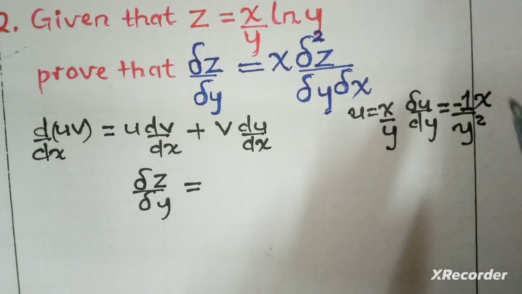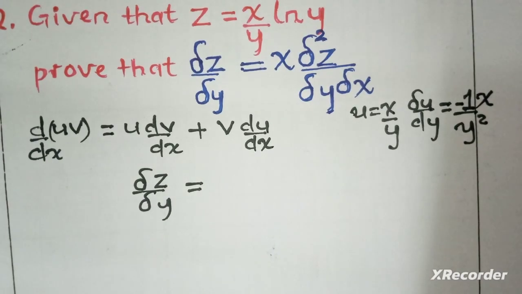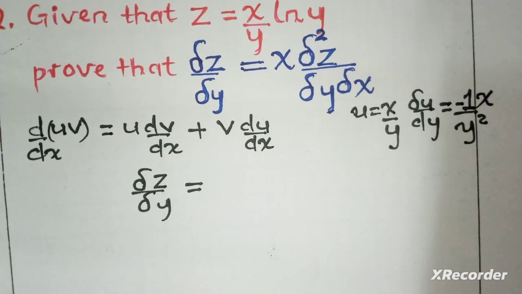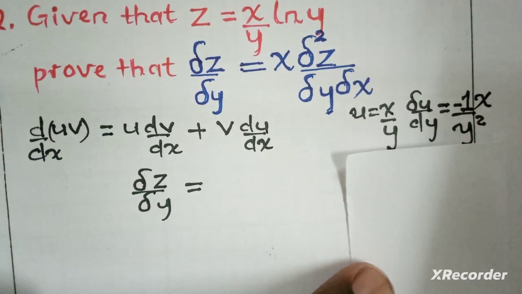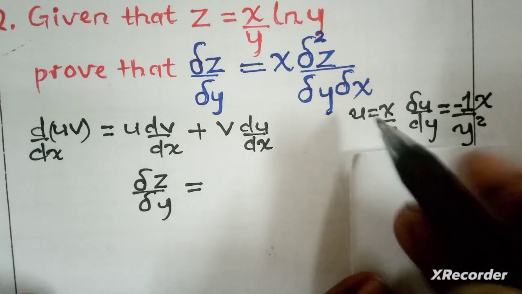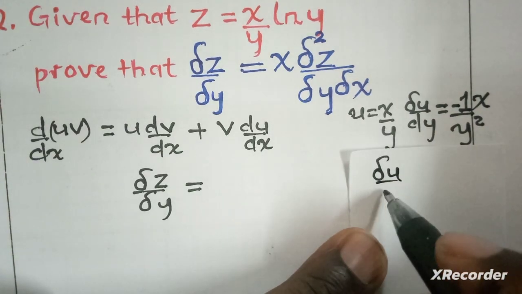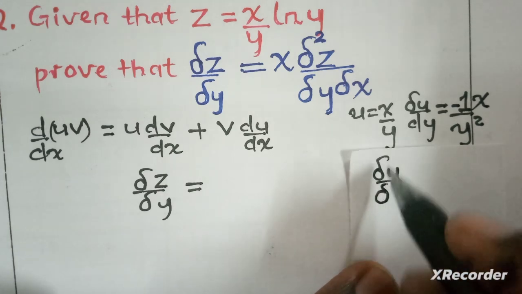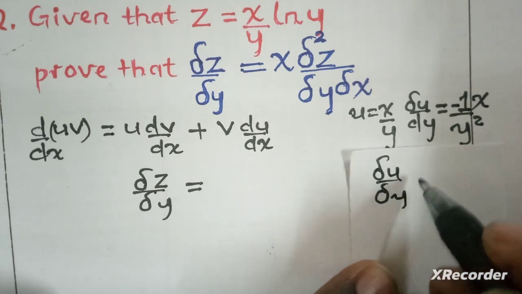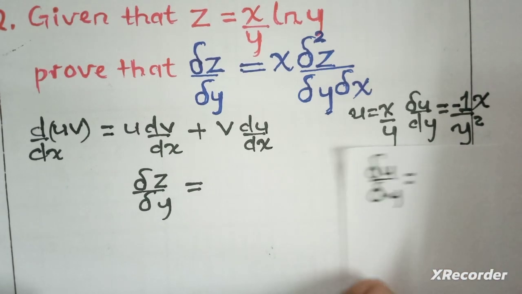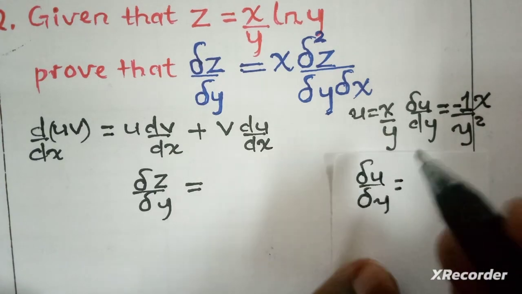I hope you can see it, guys. Maybe I can show you with this paper here. What we are saying, guys, is this, that if I come here and say differentiation of u, that is partial differentiation of u with respect to y, this one will give me y. I put it up here.